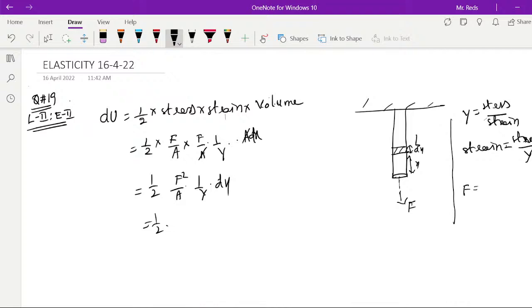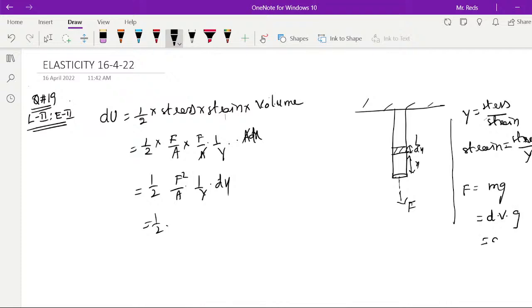Force can be taken as a weight. Weight is nothing but mg. The weight acting on this, that elemental part, the differential element, mass is equal to density into volume, into g.